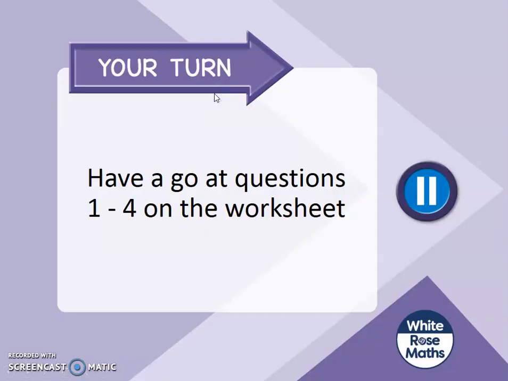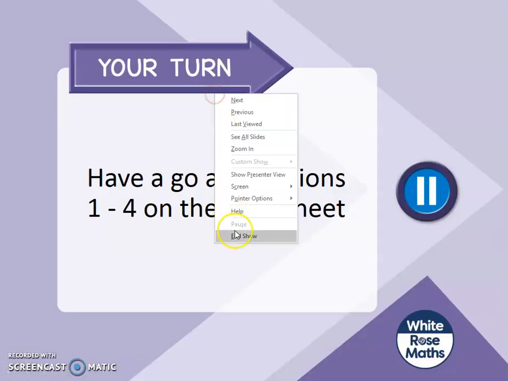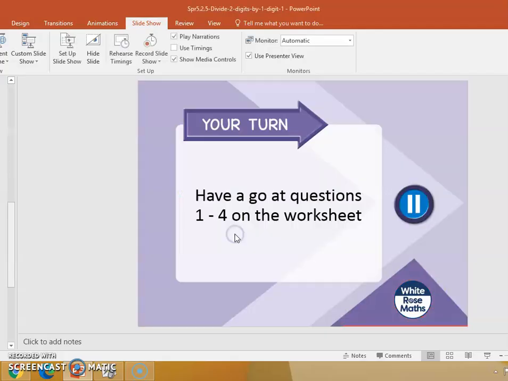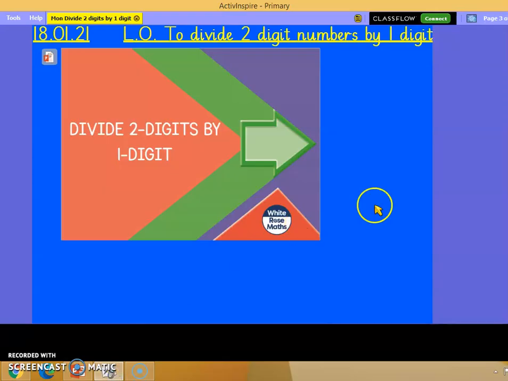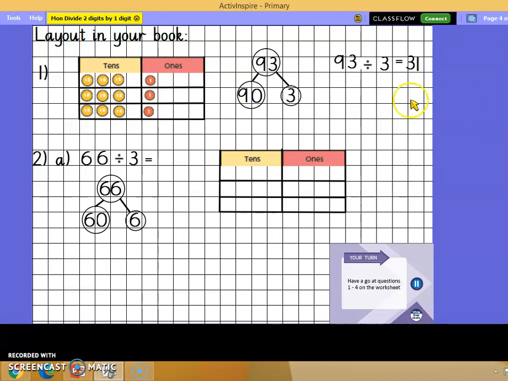Your turn. But before you do that, I want you to just look, because I'm going to show you how to lay that out in your book. Look carefully. In your book, you have your squares. So I'd like you, please, to put number 1 and to use maybe 3 or 4 across for each column.